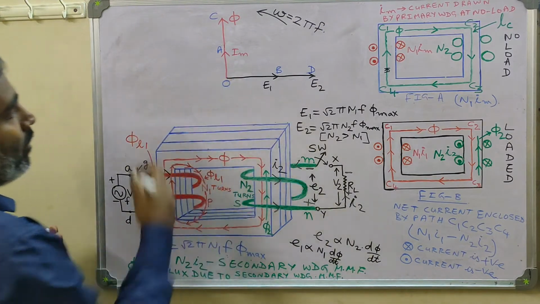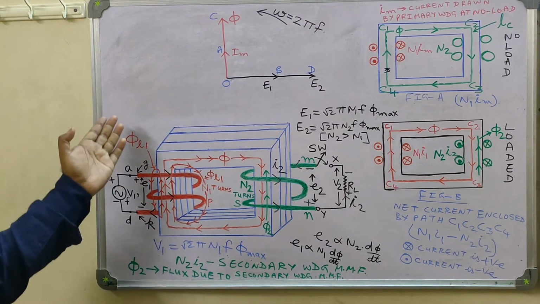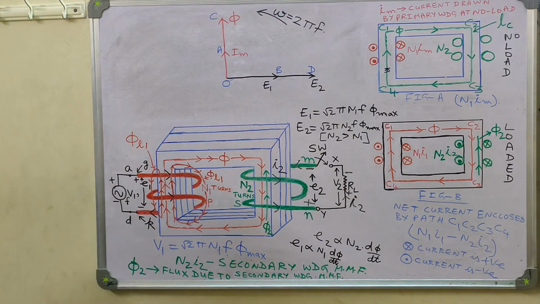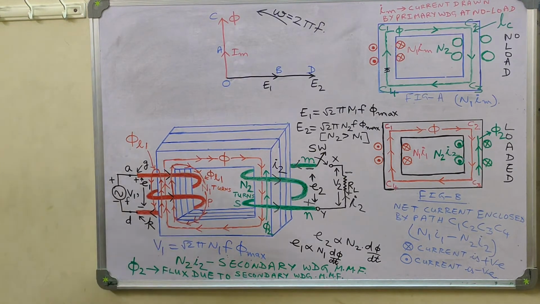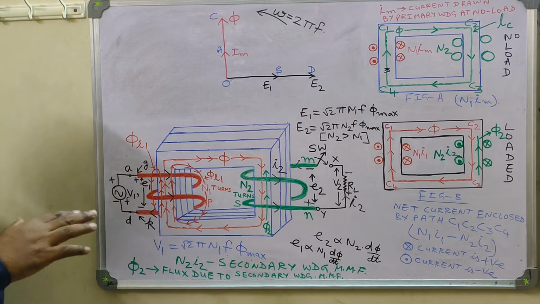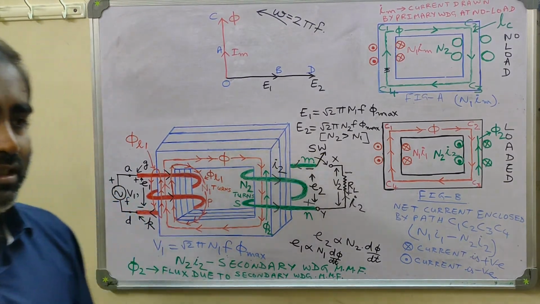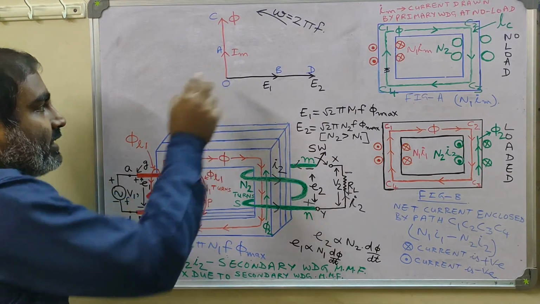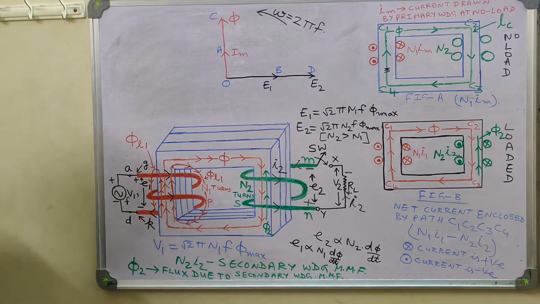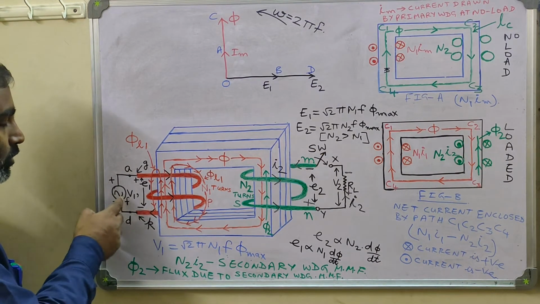Now, as we said in our previous lecture, the applied voltage V1 and the EMF induced in the primary coil P will be 180 degrees out of phase, since as per Lenz's law, the induced EMF in the primary coil P will oppose the applied voltage V1.